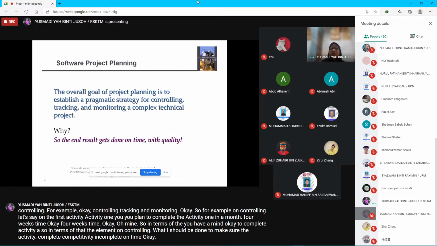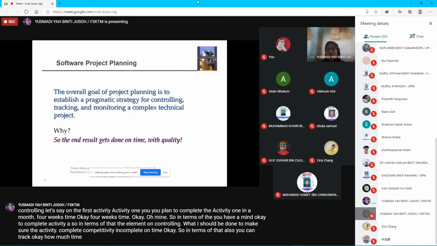Okay. So in terms of that, you can also track how much time activity A needs, and whether it should be completed.